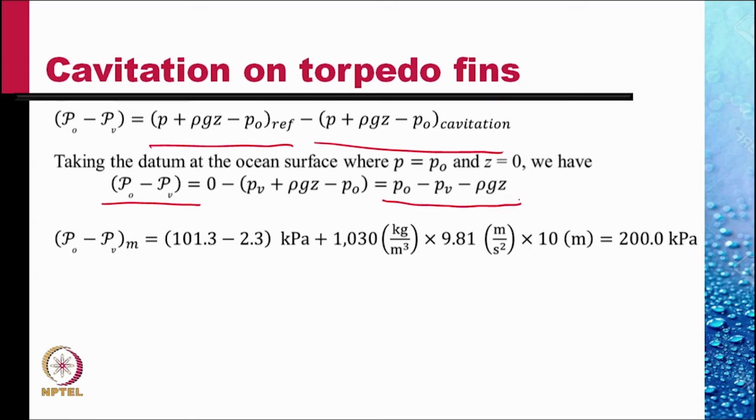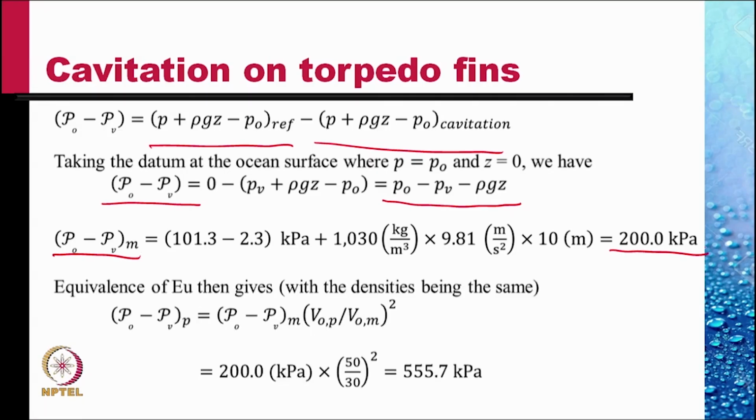So this for the model, we plug in the values and we get 200 kilopascal. Equivalence of Euler number then results in this expression as the modeling rule. The Euler number must be the same.